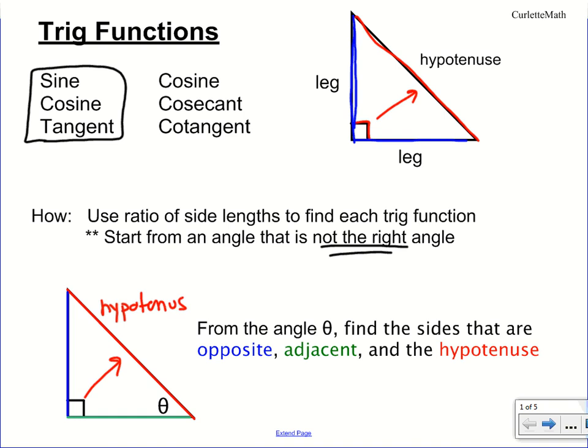Now, using that angle measure theta, we have to find the opposite side. Well, the opposite side is going to be the blue side length. Now, because we have the opposite and the hypotenuse labeled, the only adjacent side left is the green. So the green side is the adjacent side. And using those names, we'll come up with the ratios for the sine, the cosine, and the tangent.